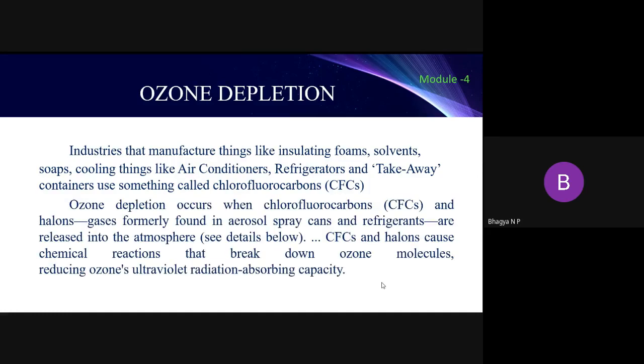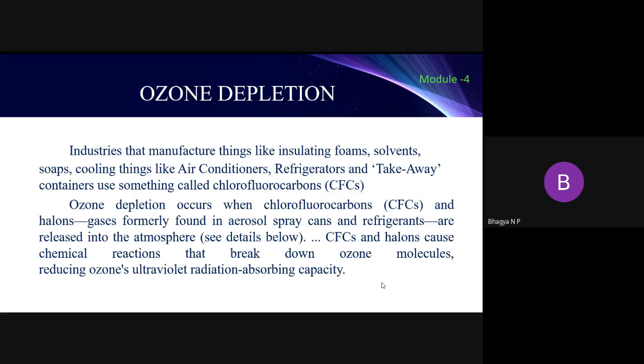So what happens when these chlorofluorocarbons, which are present in the refrigerator, and also some halogens which are present in sprays, perfumes, deodorants, are released? Some very minute quantities of chlorofluorocarbons are there.